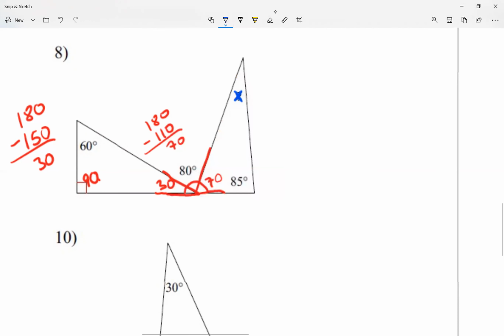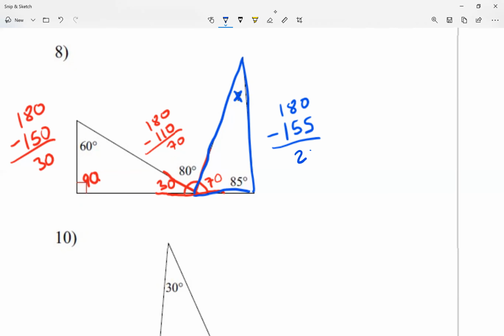Okay, now I'm going to be able to solve for X because I'm looking at this triangle. I know two angles, 70 and 85. Let me add 70 plus 85. That gives me 155. Let me subtract that from 180. And that gives me 25. So I know X equals 25.